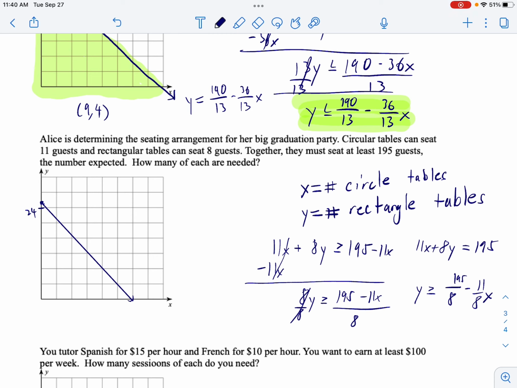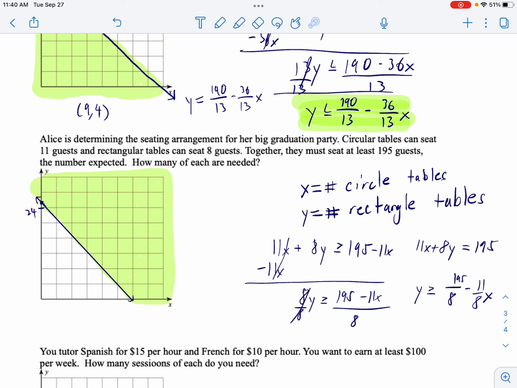We're going to use a solid line because it's a greater than or equal to. This is the line where y equals 195 over 8 minus 11 over 8x. We need y to be greater than this line, so we're going to shade above. Okay, that's going to be my answer.